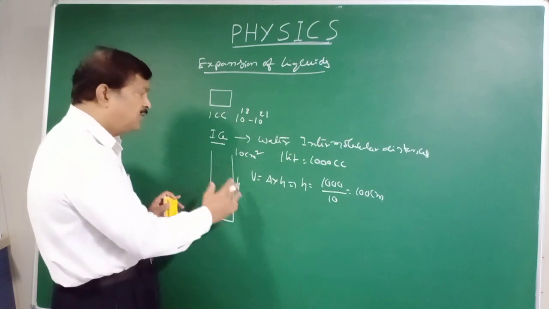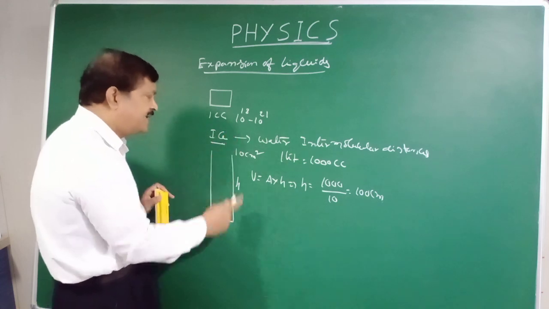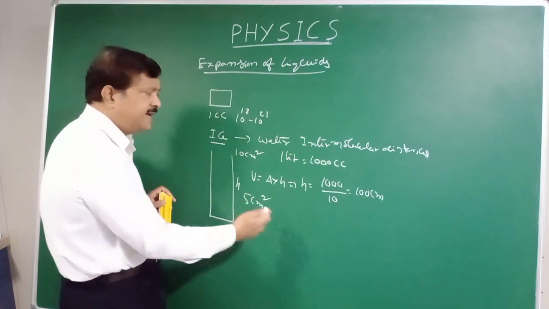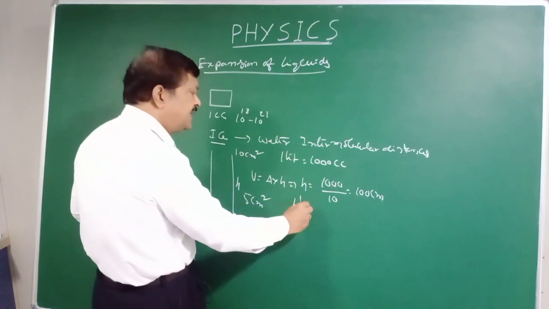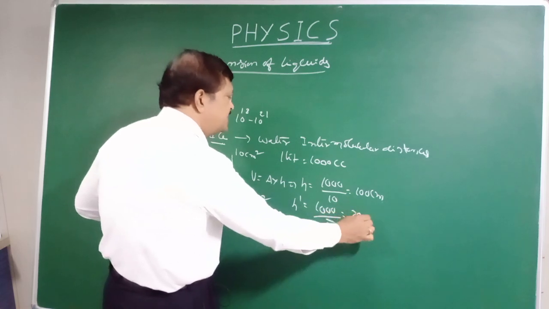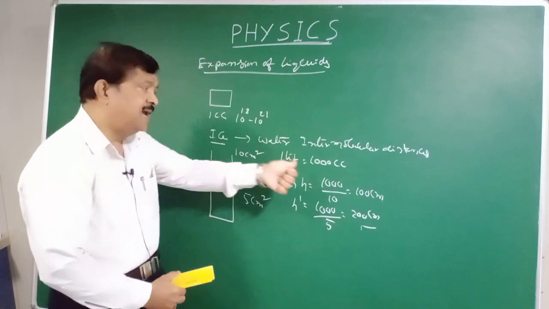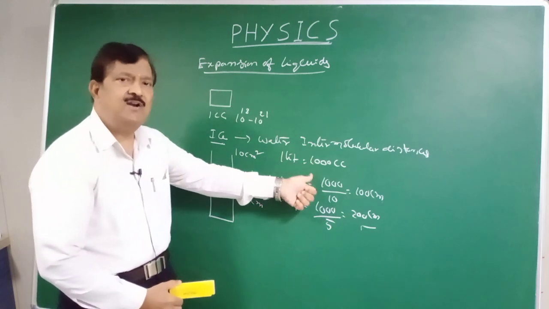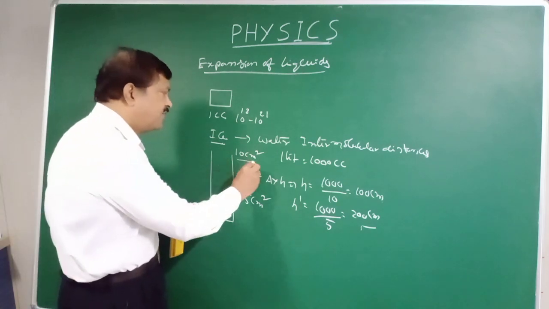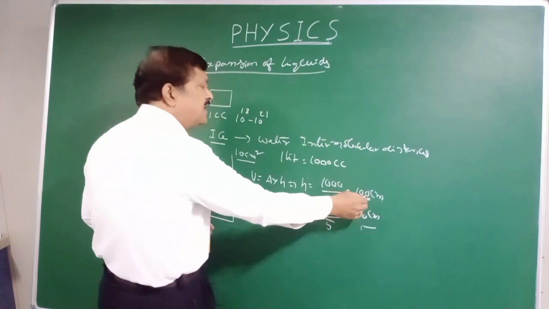But now suppose I am taking the same water of 1 liter in another container having an area of only 5 centimeter square. Very clearly the new height of the liquid column is 1000 cc by 5 centimeter square, which is around 200 centimeters. The same volume of the liquid, 1 liter, but when you take it initially in a container of cross sectional area 10 centimeter square, the height of the liquid column is 100.